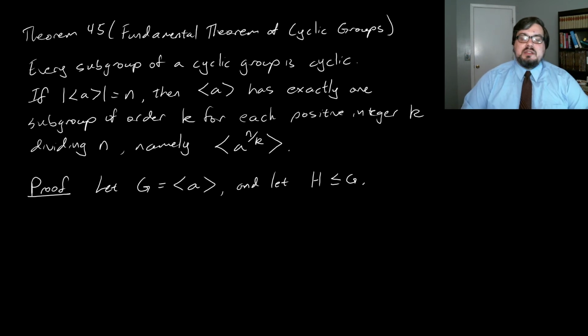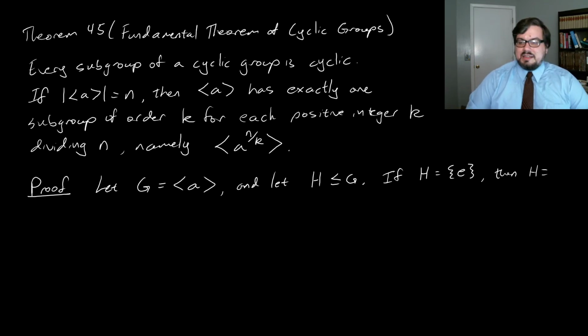So we'll get the trivial case out of the way. If H is just the identity, then H equals the cyclic subgroup generated by the identity, so H is cyclic.